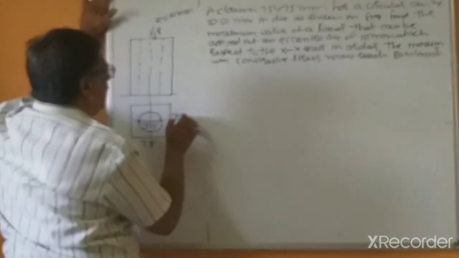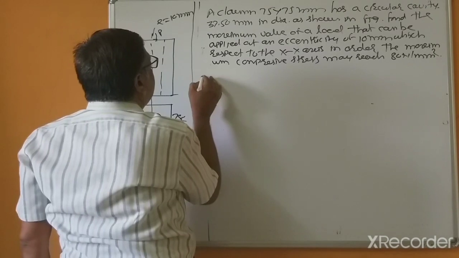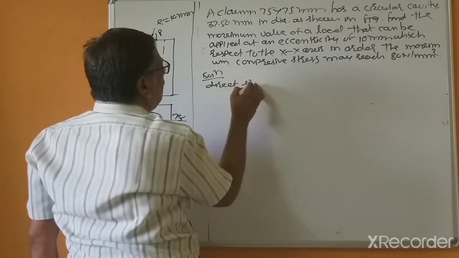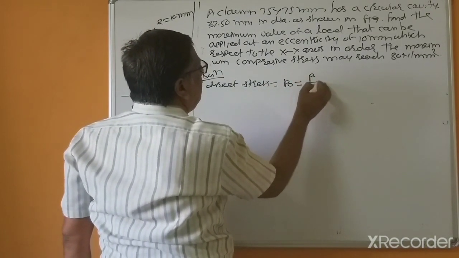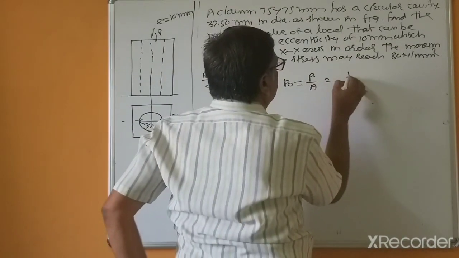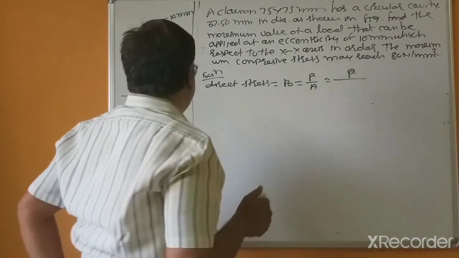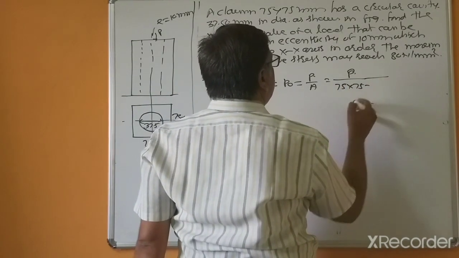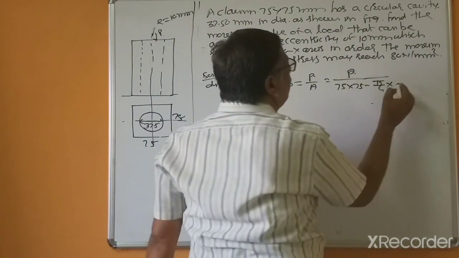(75 by 75), and that's why first solution, direct stress equal to P by A. Area equals solid minus hollow, pi by 4, 37.5 square.